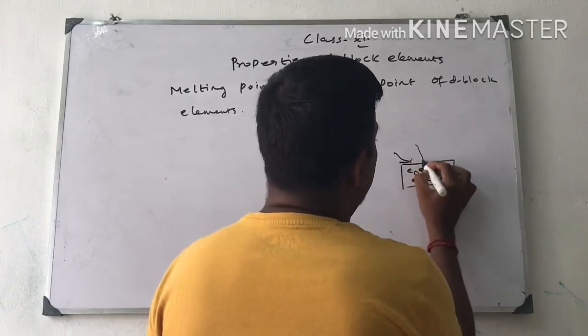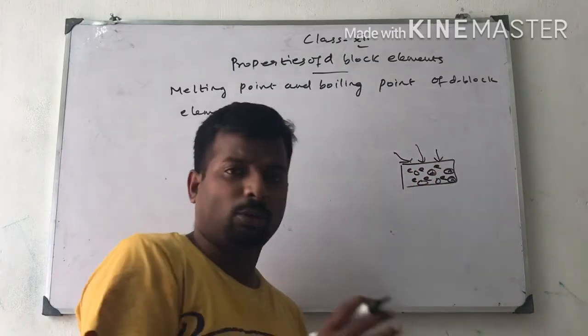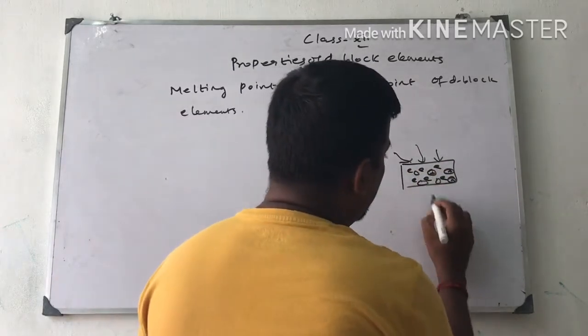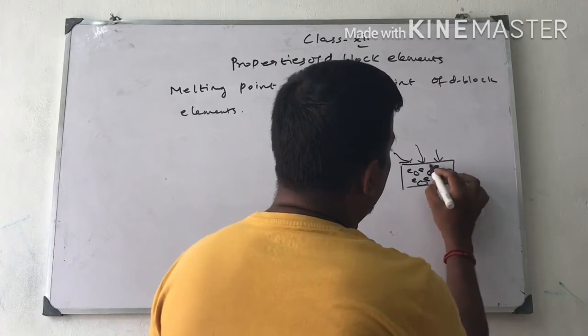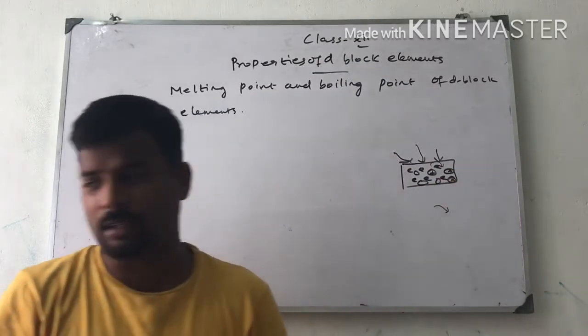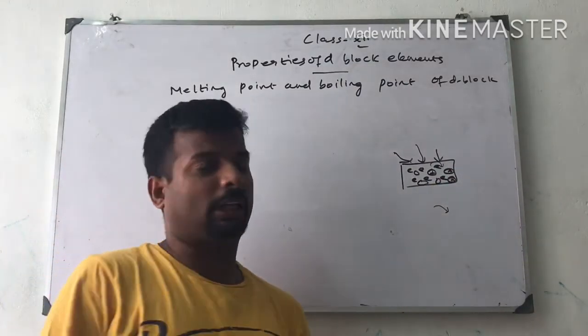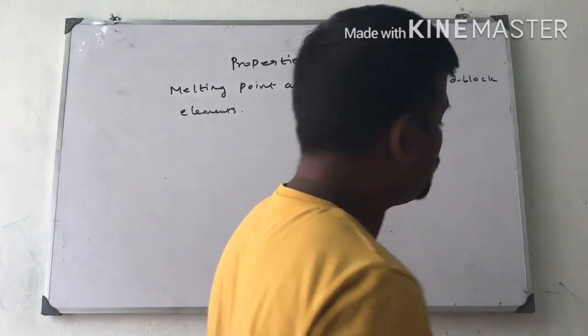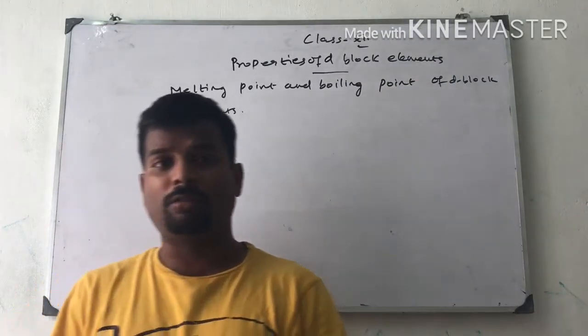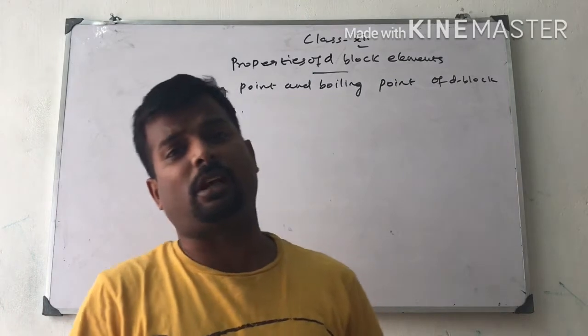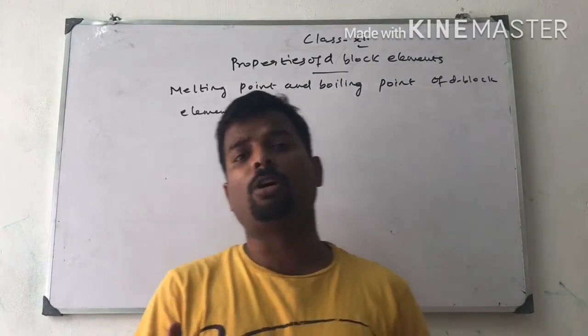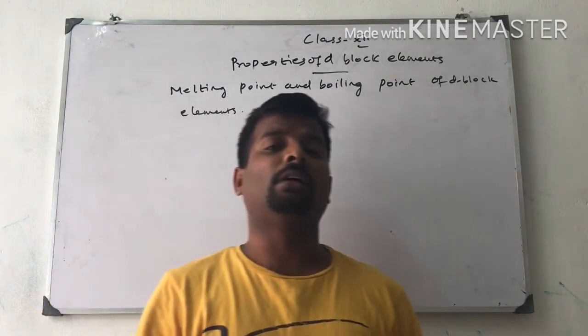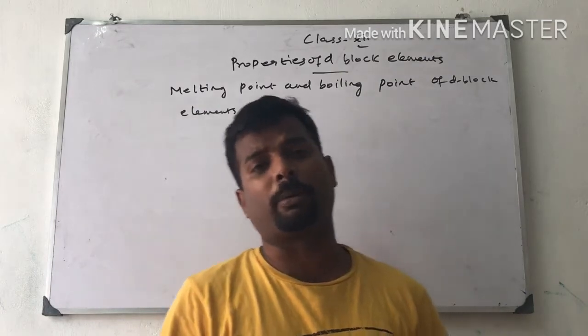When I hit the metal into a sheet, the electrons just bend. Therefore we can convert the metal into sheets. Converting metal into thread is called ductility. Gold is the most ductile element, which is why ornaments are prepared.